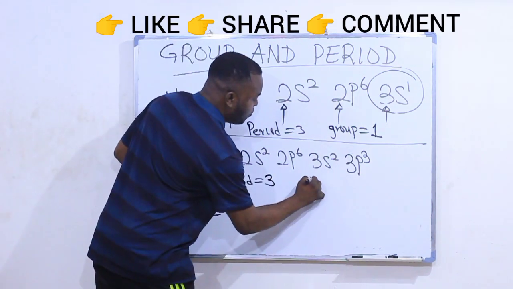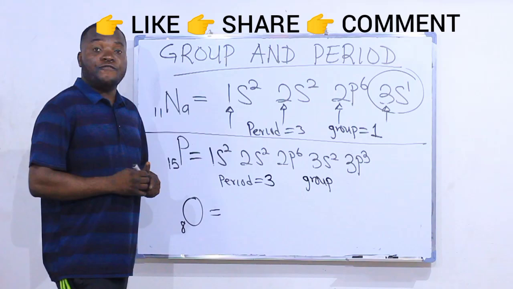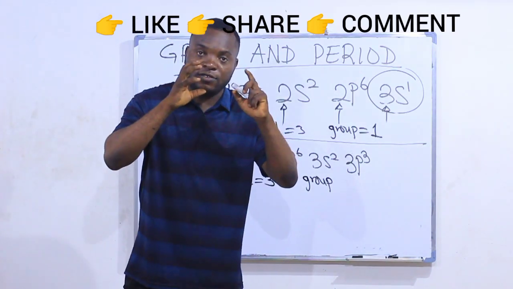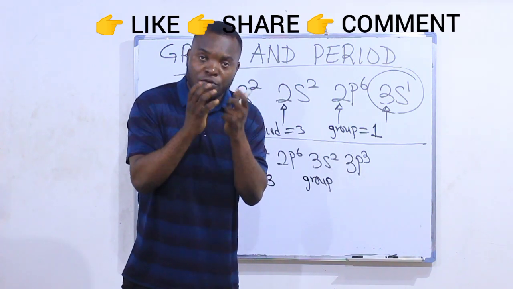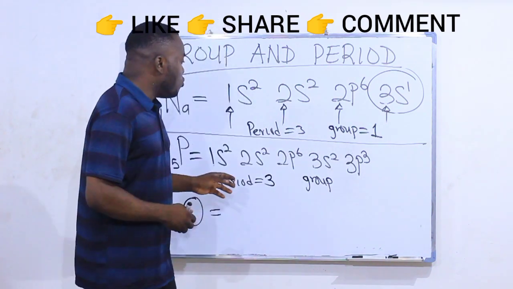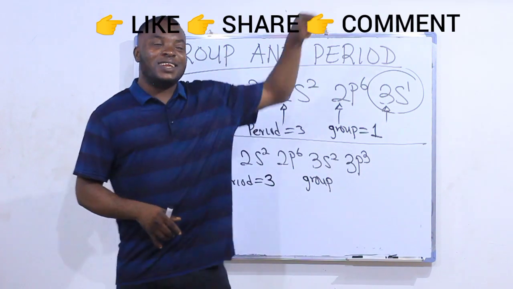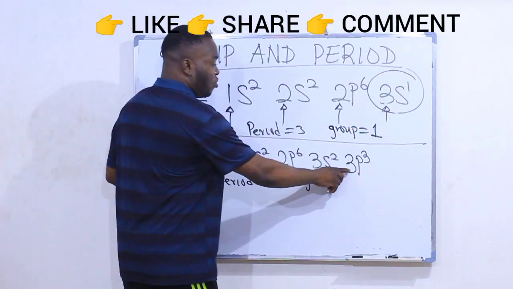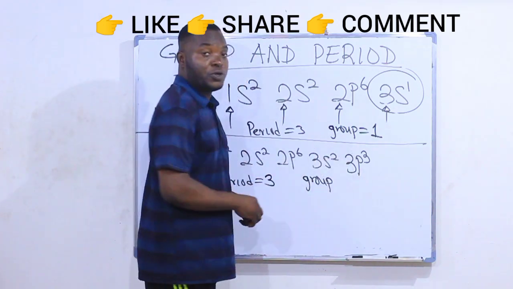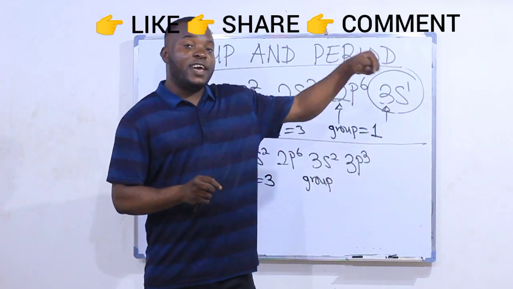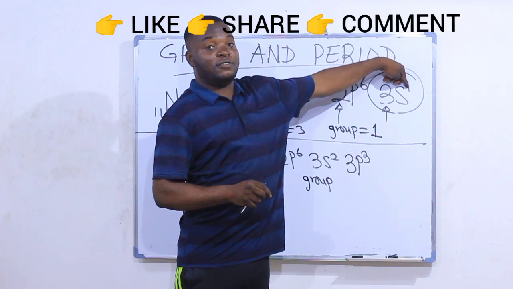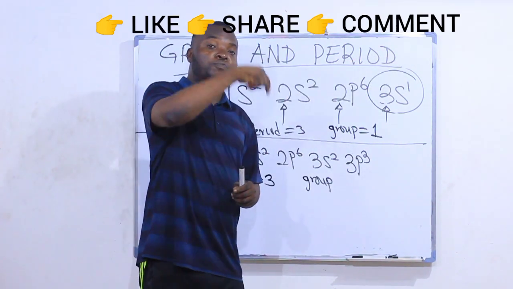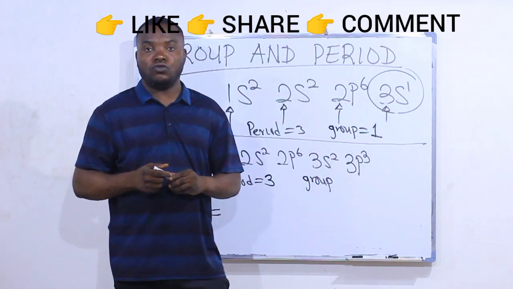Now we look for the group. When looking for the period, consider the coefficients; the one with the highest magnitude is the period. But when looking for the group, consider the last orbital in the configuration. Here, the last orbital is no longer s, it is now p. Remember, when it ends with s, the power of the last s is the group. But when it ends with p, the power of the last p plus 2 gives you the group.